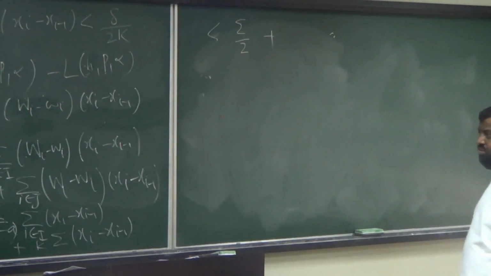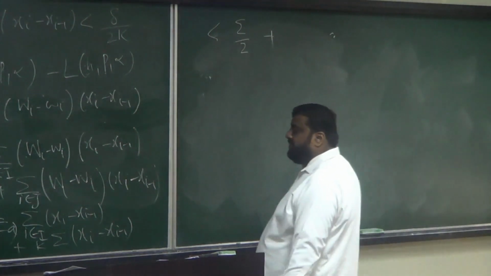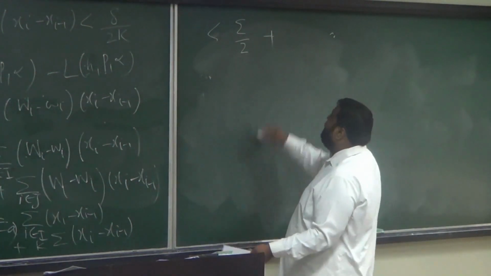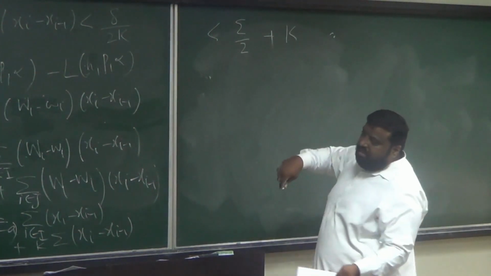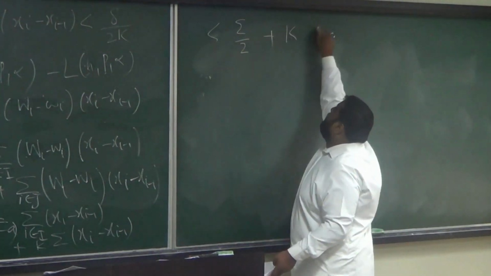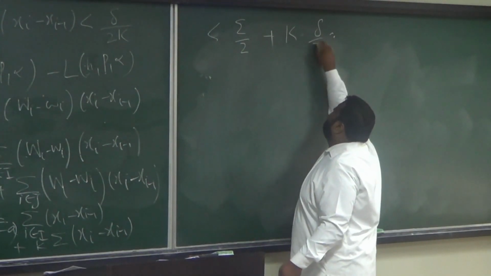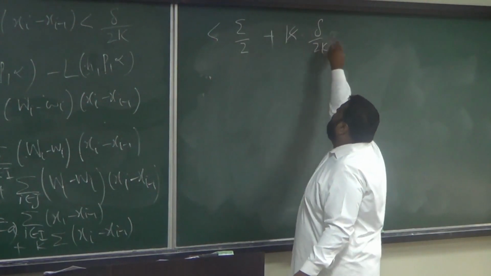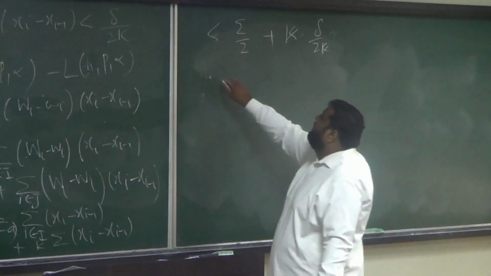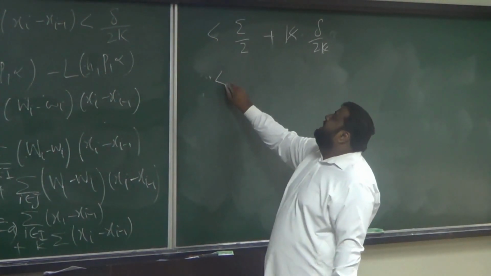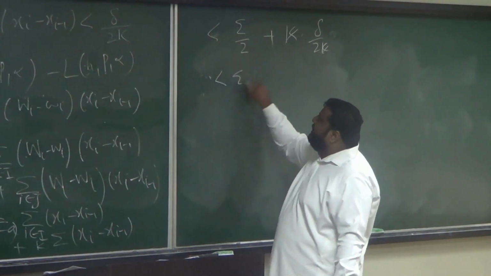Here we are going to use this. So this is going to be K times delta by 2K, and K will get cancelled. Delta is less than epsilon, so everything is smaller than epsilon.